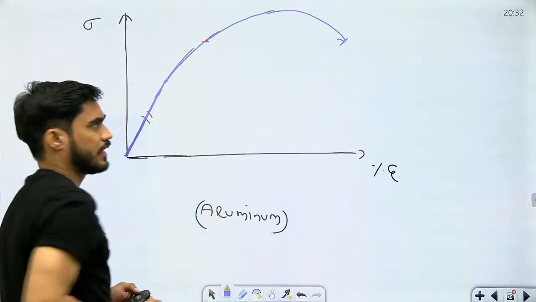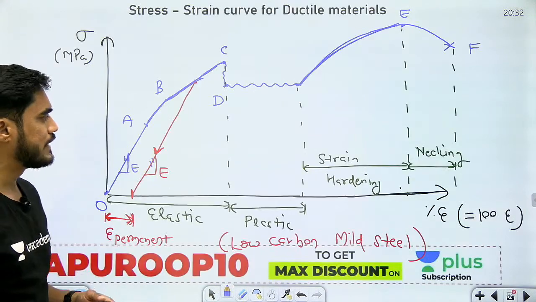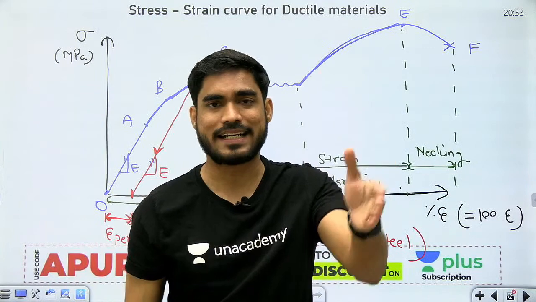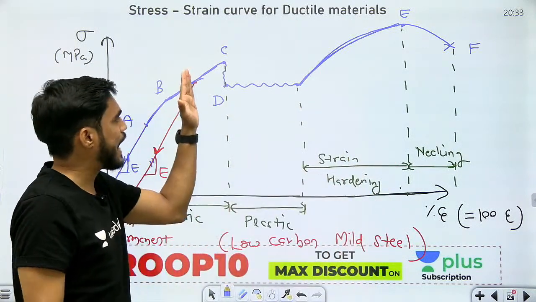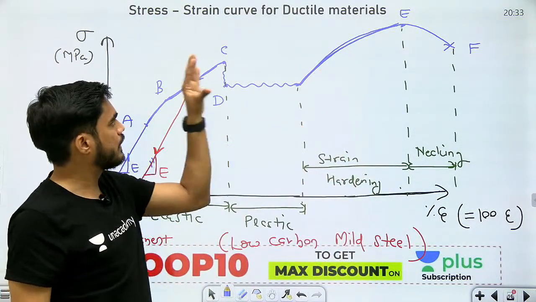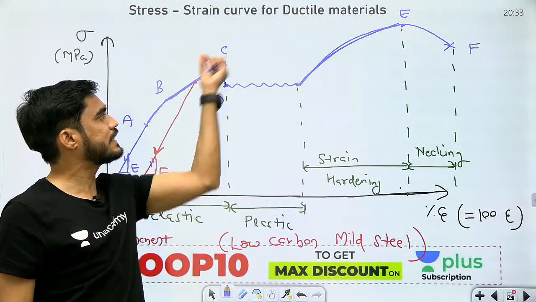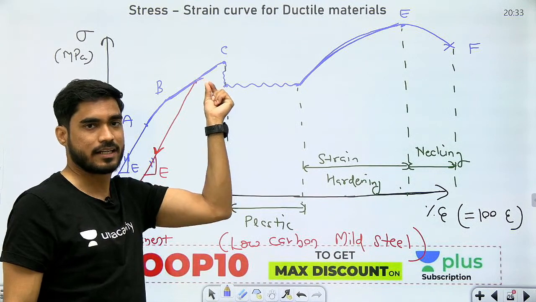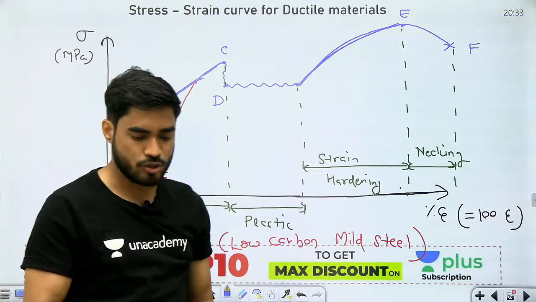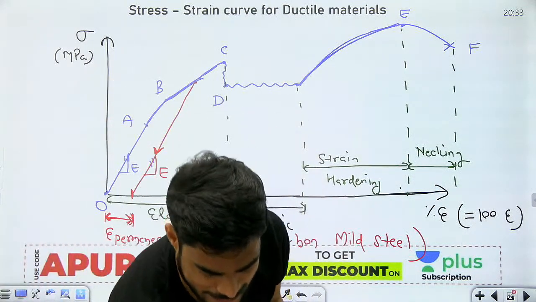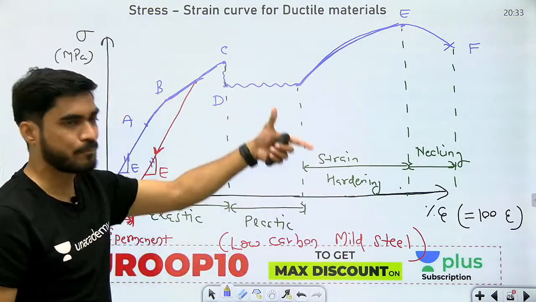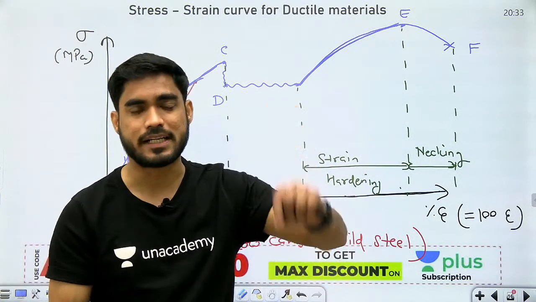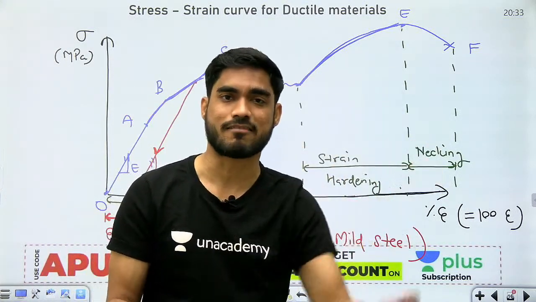In case of low carbon mild steel, the material becomes elastic to plastic gradually. There is a gradual transition from elastic to plastic. You can see that transition here, right? So you can pinpoint the point at which the material became plastic.